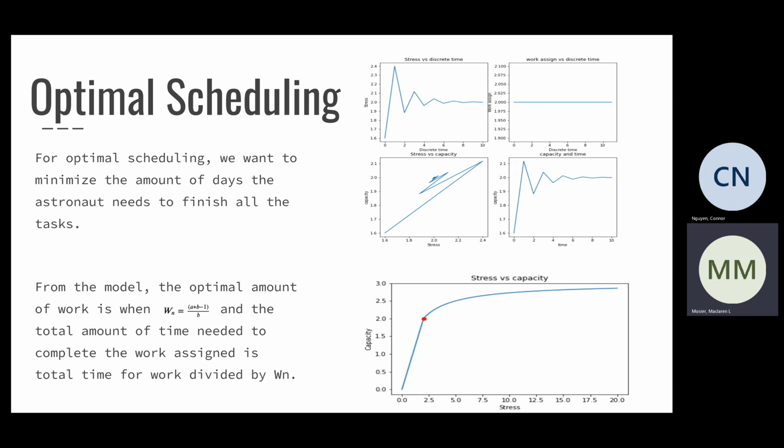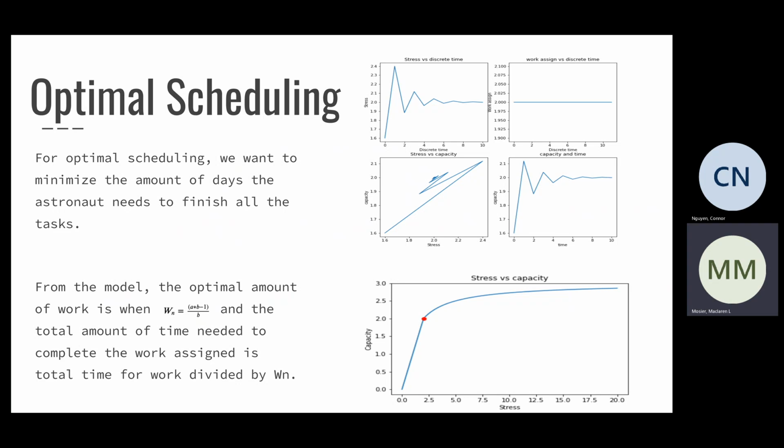For optimal scheduling, we want to find a schedule that will minimize the amount of time to finish all the tasks that the astronauts have to do during the mission. To do this, we look at the threshold where more stress would affect the productivity.